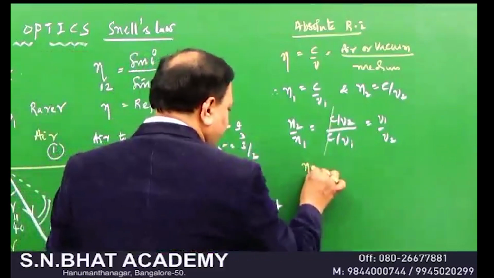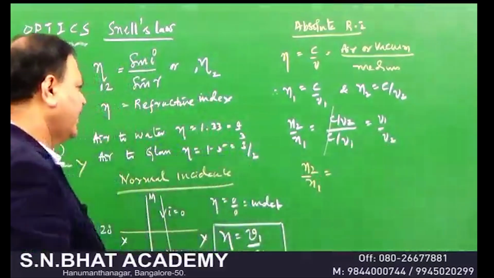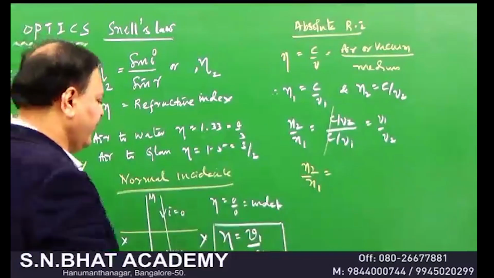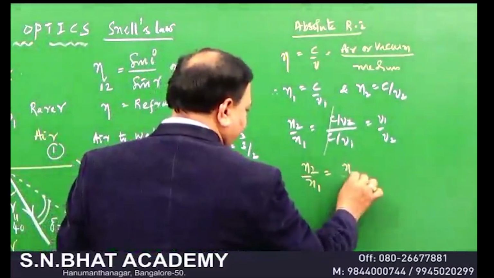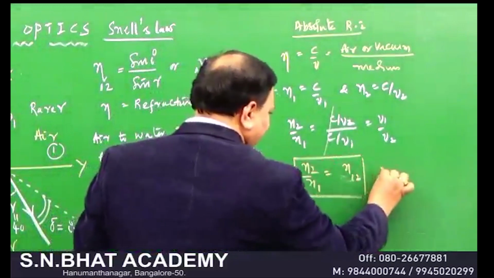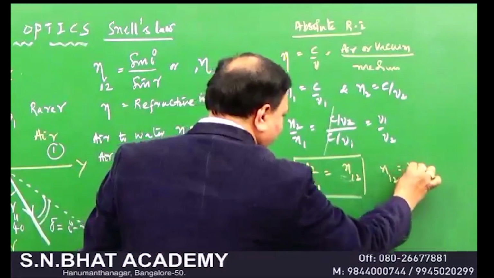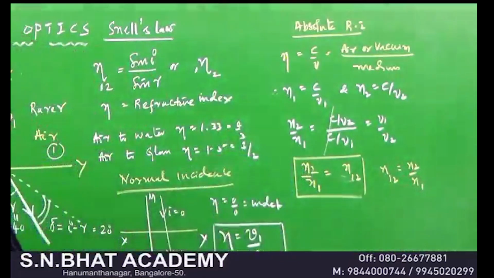Then your n2 by n1 is equal to, remember this relation, in the place of v1 by v2, I can write it as n12. Very important, n12. This is a very important relation. Or your n12 is equal to n2 by n1. Remember this, both are one and the same.